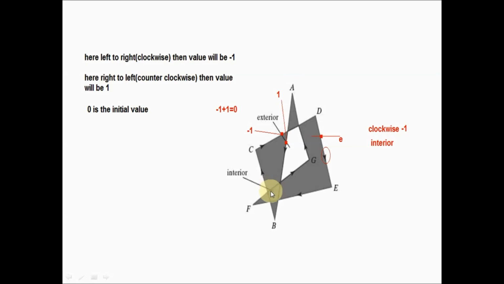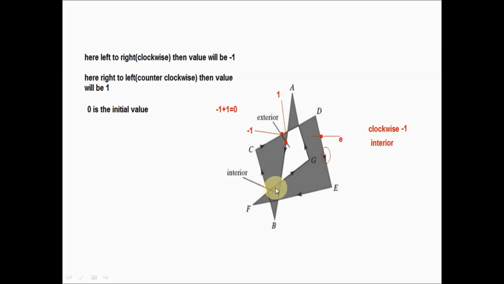Here if you are standing, it is moving from left to right. See the arrow mark. Left to right means what? Minus 1, clockwise. This edge is over. Now this edge, again see the arrow mark. If you are standing here, it is moving from left to right. So again, left to right means minus 1.